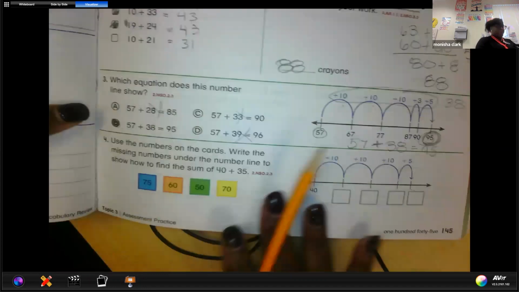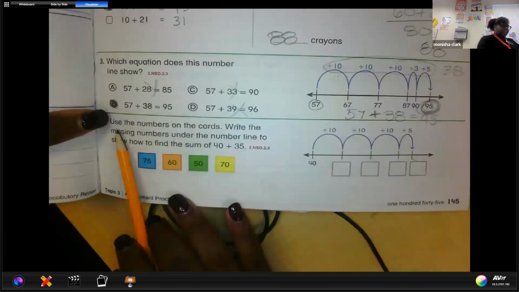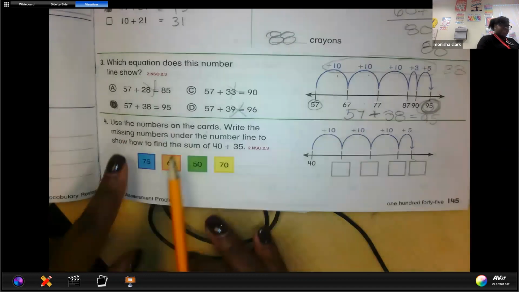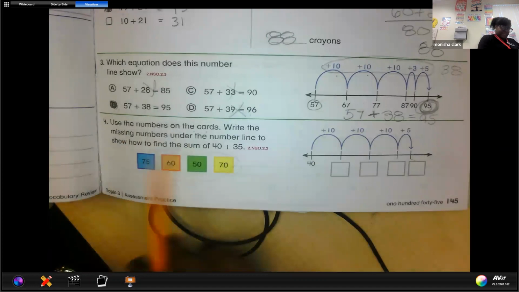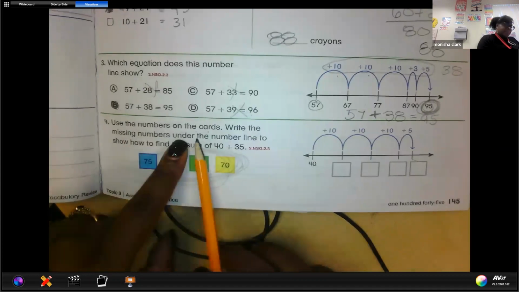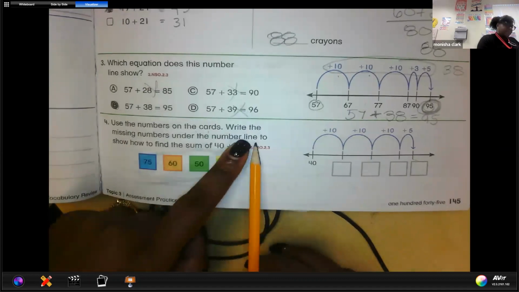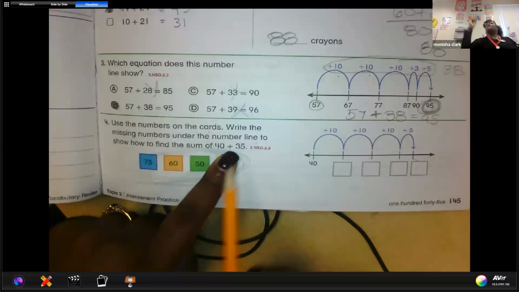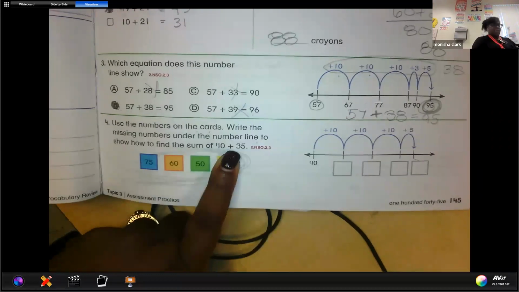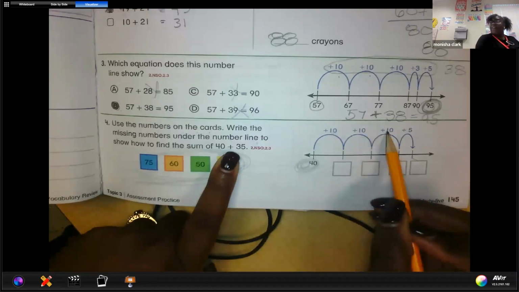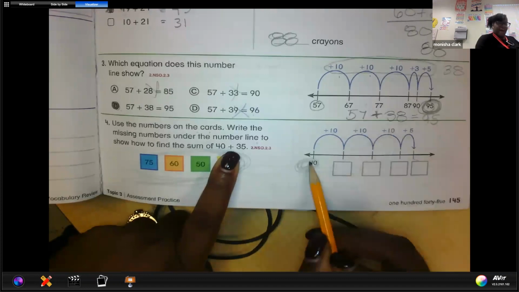Now let's move on to 4. Using the numbers on the cards, so we're only using these numbers, okay? Write the missing number under the number line to show how to find the sum of 40 plus 35. So already we know that this is 40 plus 10, 20, 35 plus 35.